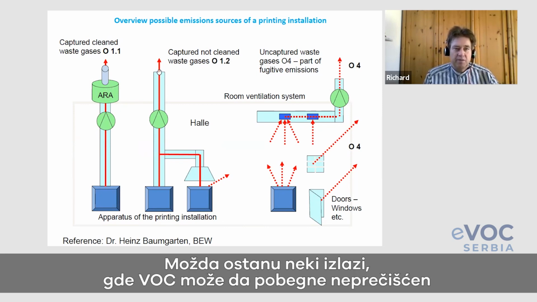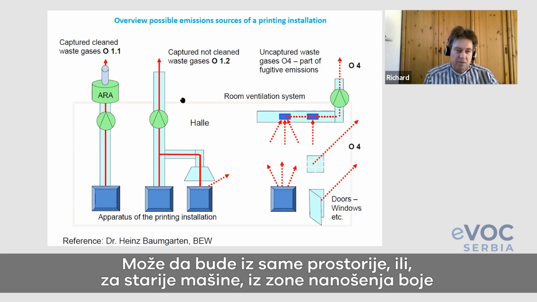And maybe you have some remaining outlets where VOC can get out, but they are not cleaned. What can it be? It can be, for example, from the room, the printing room, or it can be, for older machines, the application zone.